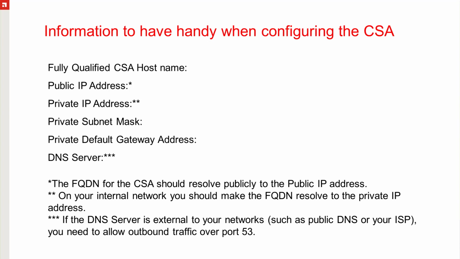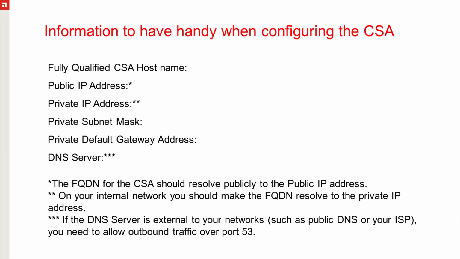And just with some notes below, remember that the FQDN resolves to the public, not the private. This is what the clients will connect to externally on external DNS servers. The fully qualified CSA host name should resolve to the public IP address. On your internal network, that same host name should resolve to the private IP address.